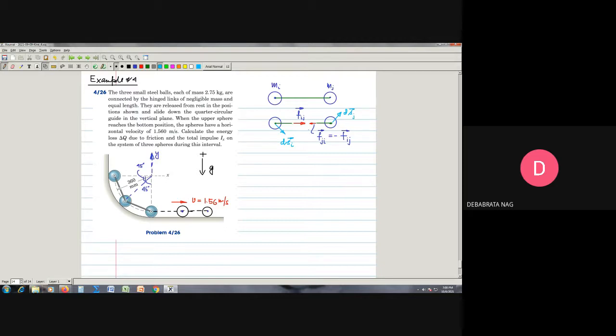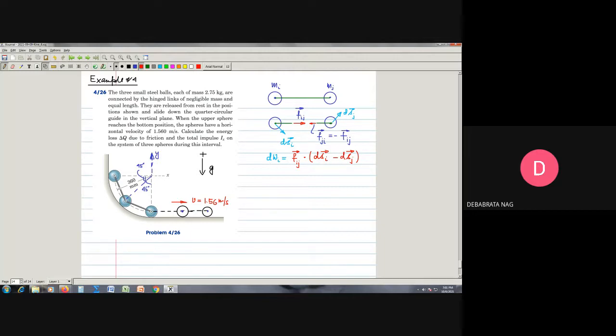The total work done by these internal forces, dWi, is given by F bar ij dot (ds bar i minus ds bar j). That is the total differential work done by these two internal forces.